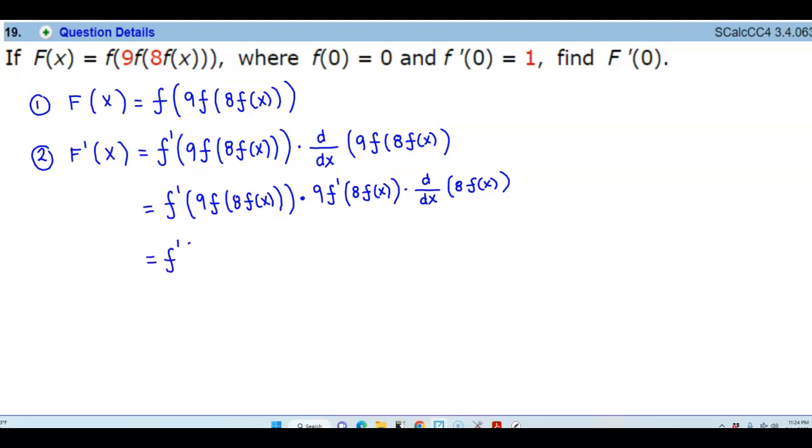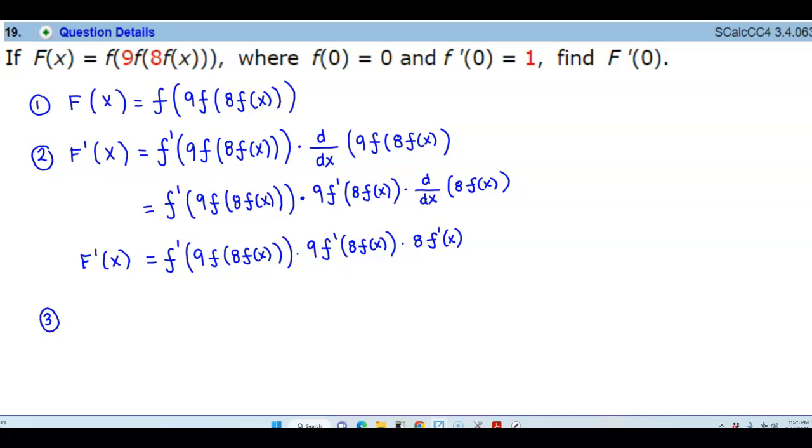We have f prime of 9 f of 8 f of x times 9 f prime of 8 f of x times the derivative with respect to x of 8 f of x, which is going to be 8 f prime of x. So this is the derivative using the chain rule.